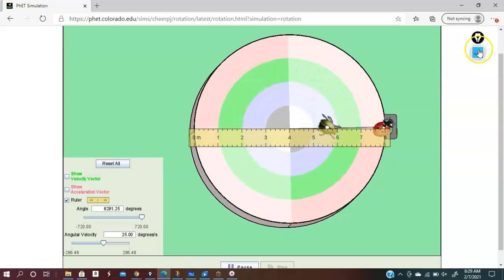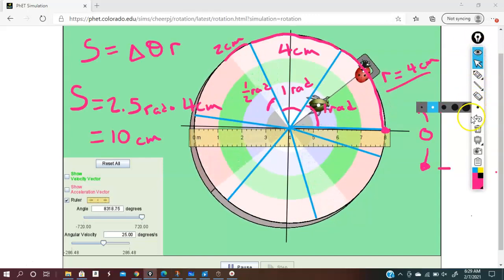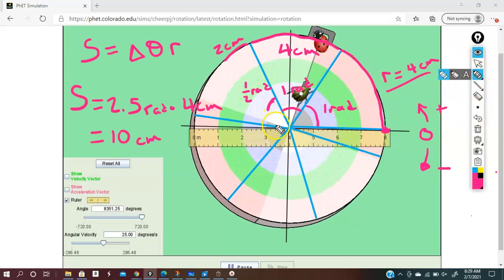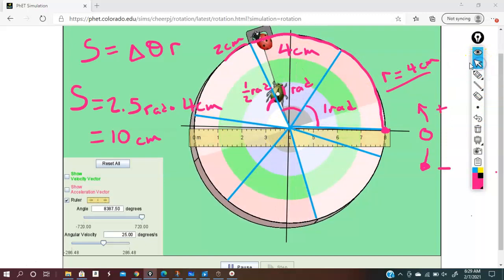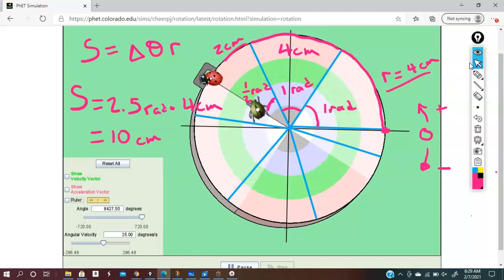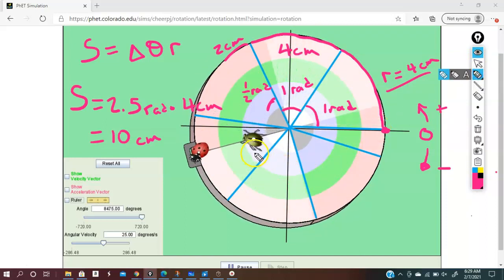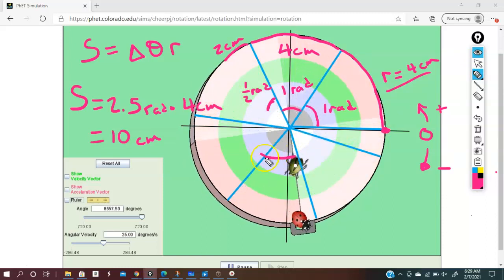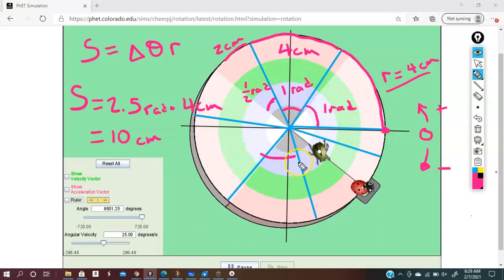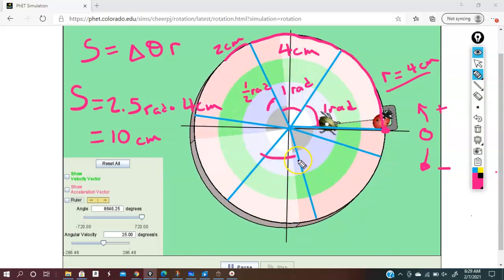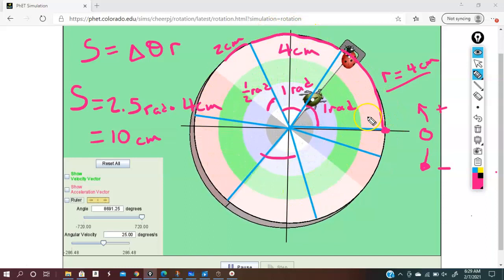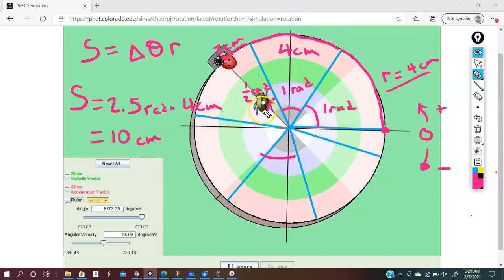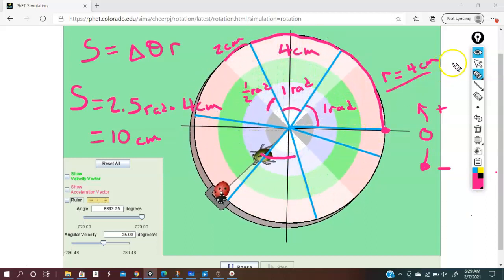If I pull this back up, if I allow this ladybug and this beetle now to travel together, their angular displacement is going to be exactly the same. But this length that the beetle travels is much, much less because its radius is much less. You can think of the distance the ladybug travels all the way around the circle is 2 pi times its radius, and the little beetle's distance all the way around the circle is 2 pi times its radius.